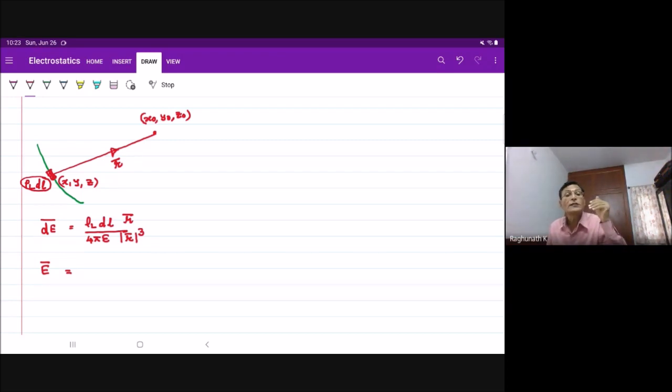is the sum of the electric field intensities at the point of interest because of all infinitely many infinitesimally small line charge elements on this line.